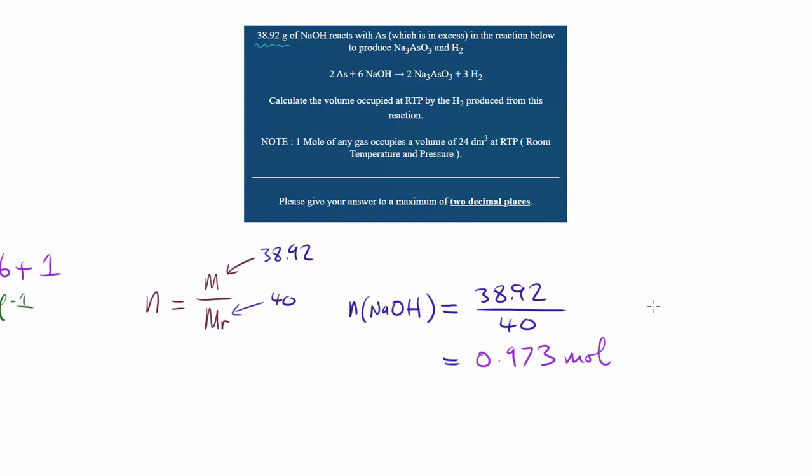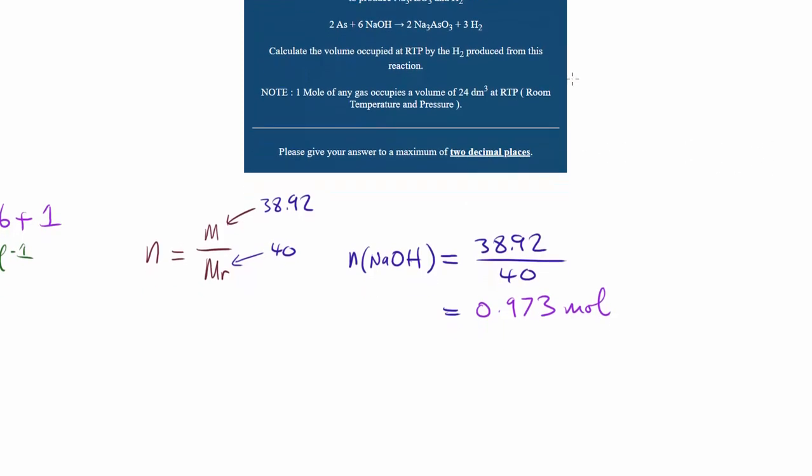So we now have a value for the number of moles of NaOH, but remember, what we're aiming at is to work out the number of moles for the H₂, right? Now, what do we notice from the question? Well, if we look at the balanced equation and the coefficients specifically, you can see the coefficient with the NaOH is 6, coefficient with the hydrogen is a 3.